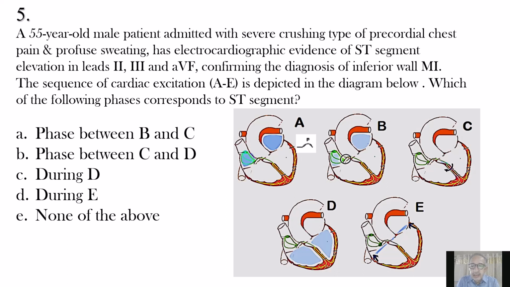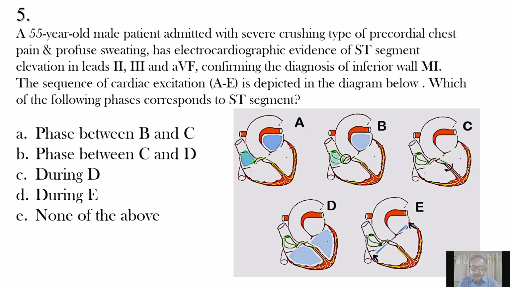At B, you can see the small circle showing the AV node. Atria are fully excited and the impulses have reached the AV node, where there is a delay. So this is the isoelectric segment. After the P, there is no electrical activity shown in the ECG. There is an AV delay. That is the PR segment, the isoelectric PR segment.